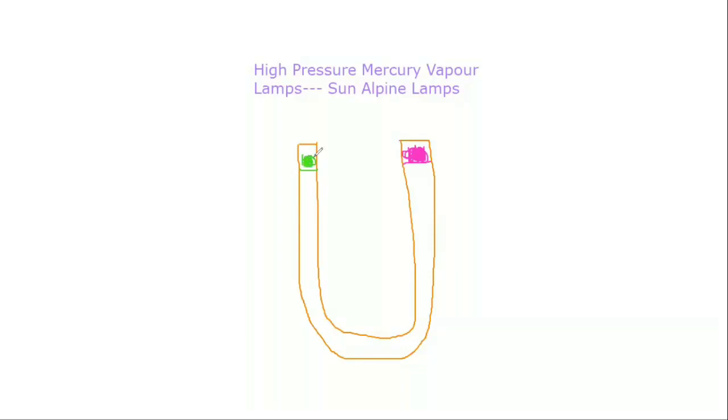Okay, so the electrodes are connected with the AC main supply, and 400 watts is given.